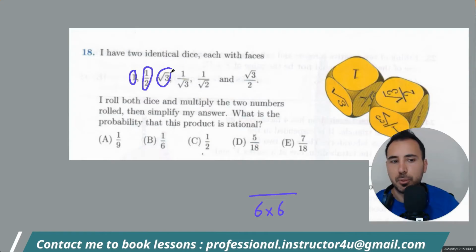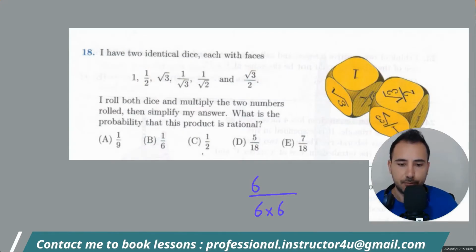Square root of 3 multiplied by square root of 3 is 3, rational. And the same thing goes on. For example, the last one multiplied by itself is going to be 3 over 4, which is obviously rational. So any number multiplied by itself is rational. Plus, now what else? You see 1 and 1 over 2.